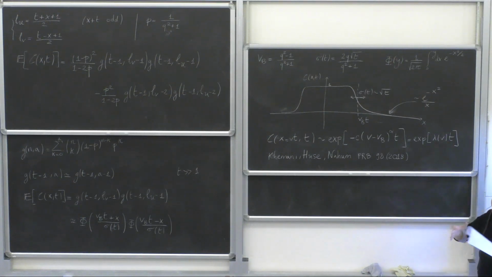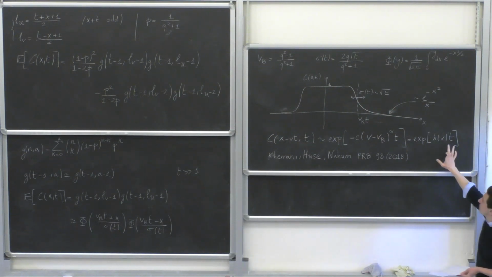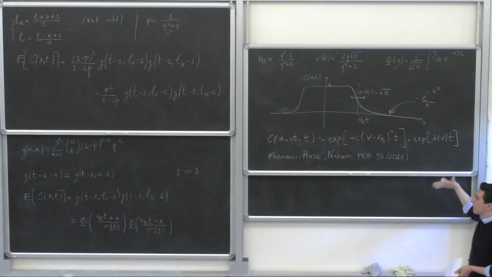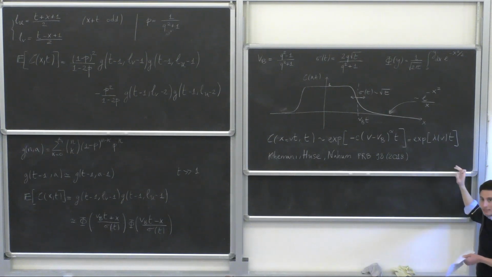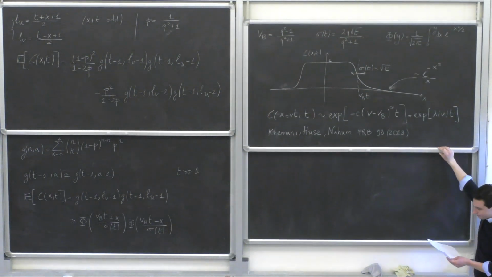This expression, when you have local dynamics, doesn't really make sense inside of the light cone, where it's going to be 0, because it's not exponentially decaying and it's not blowing up. Whereas when you have something like the SYK model, you can say more about this type of Lyapunov exponents.